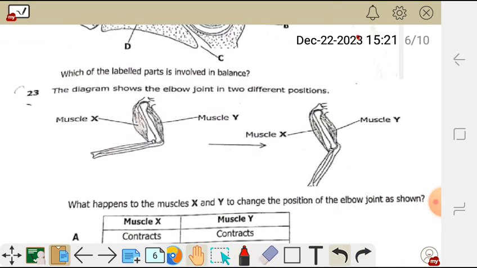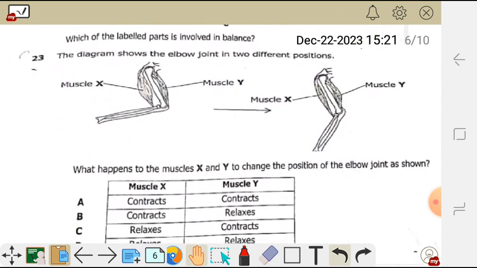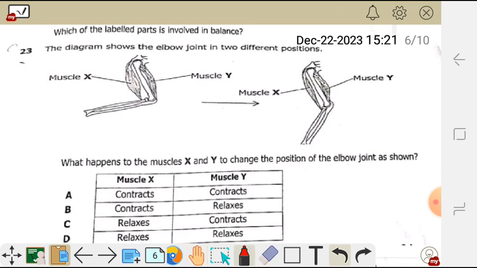We move on to question 23. The diagram shows the elbow joint in two different positions.